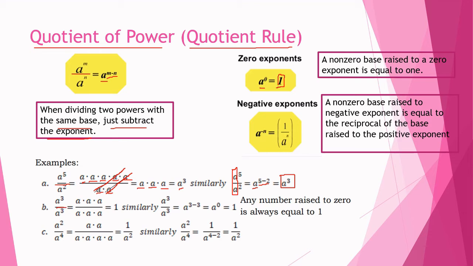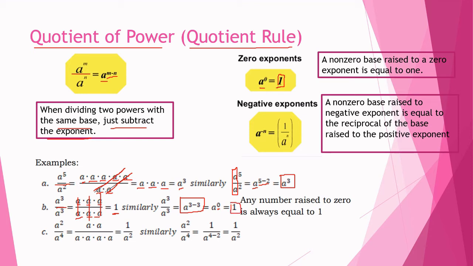So, a cube means a times a times a over a times a times a. We divide this, a divided by a is 1, a divided by a is 1, a divided by a is 1. So the answer is 1, or simply, if we subtract their exponent, we have 3 minus 3 is 0. So any number raised to a 0 is always equal to 1.